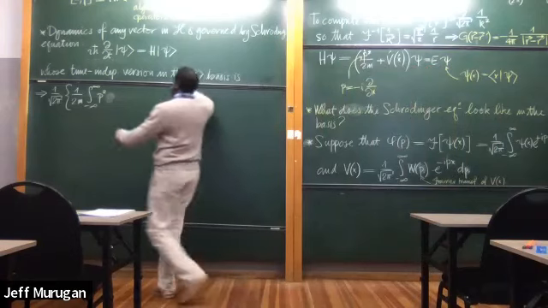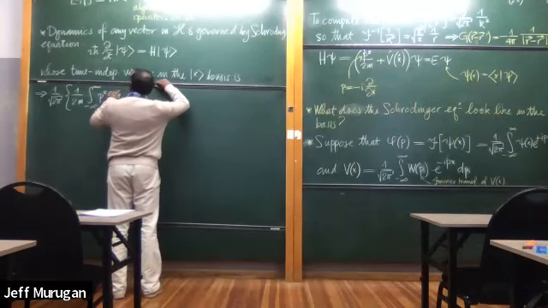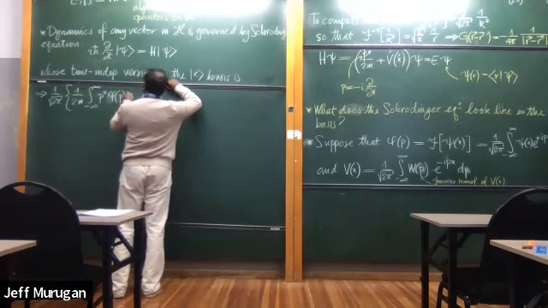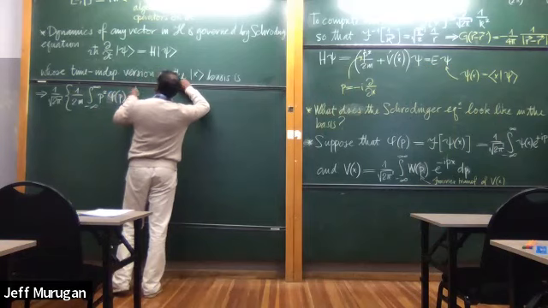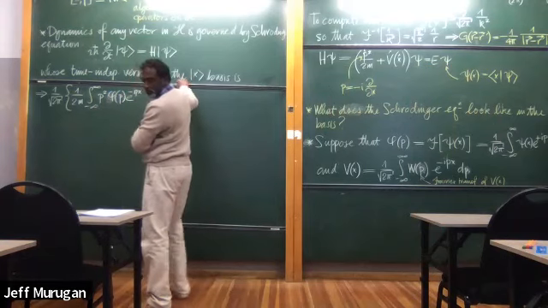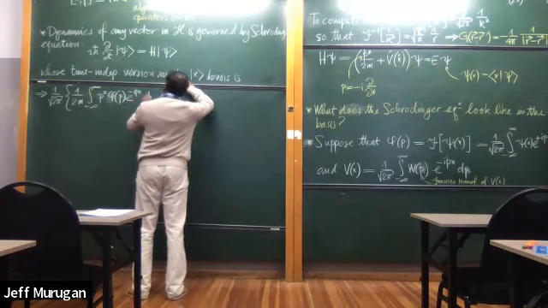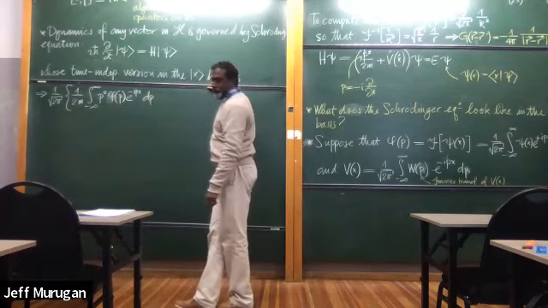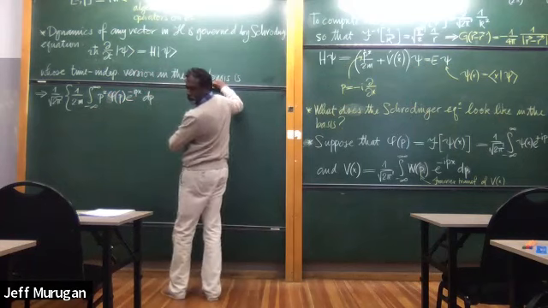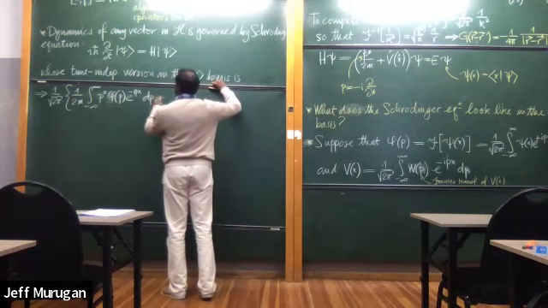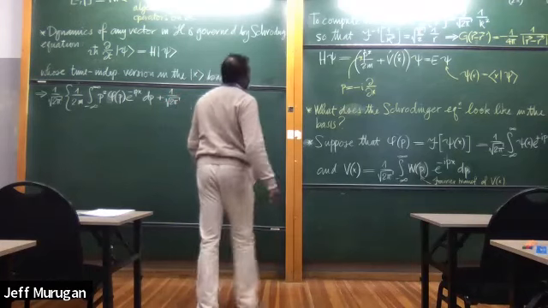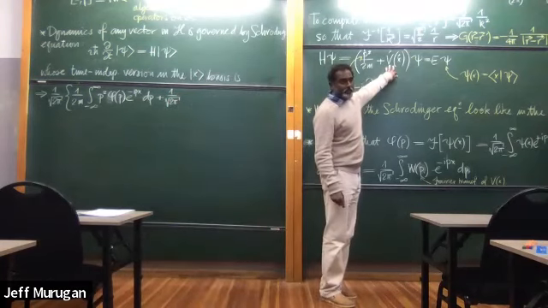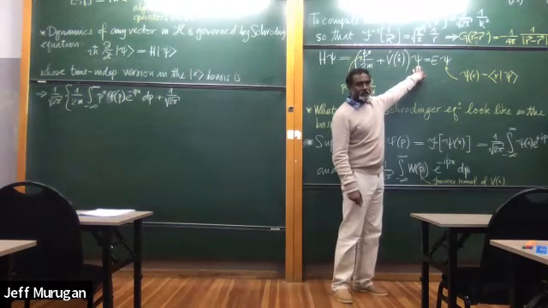So this will be p squared, phi of p e to the minus i p x dp, plus 1 over root 2 pi, because I have a potential that I'm inverse Fourier transforming, and I also have this psi that I'm inverse Fourier transforming.